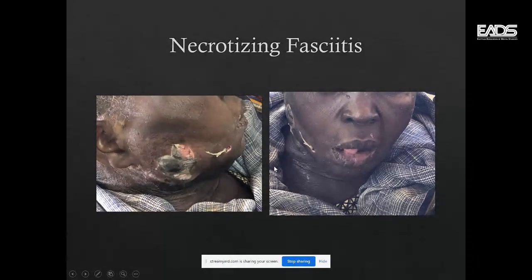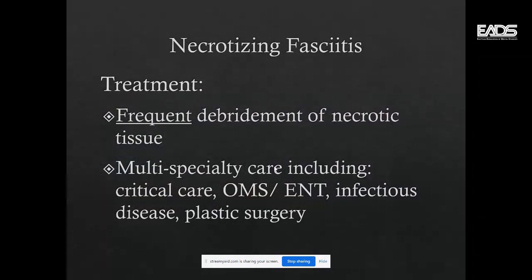So debridement is frequent and needs to be done and redone, I would say on most occasions, until all the necrotic tissues are removed. Multiple specialties are usually involved: critical care, maxillofacial surgeons, ear and nose surgeons, infectious diseases, and plastic surgeons are usually needed.